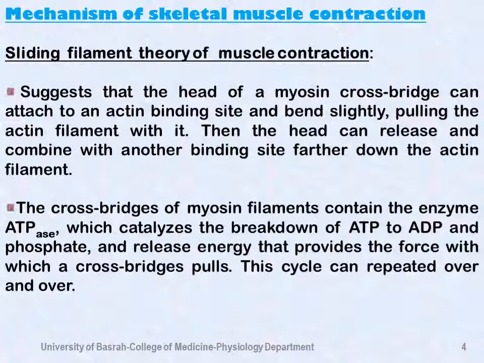Cross bridges of myofilaments contain the enzyme adenosine triphosphatase, which catalyzes the breakdown of adenosine triphosphate to adenosine diphosphate, phosphate and energy that provides the force with which the cross bridges pull, and the cycle can be repeated over and over.